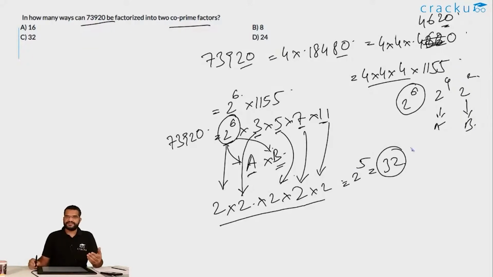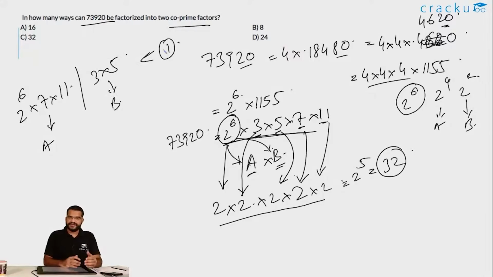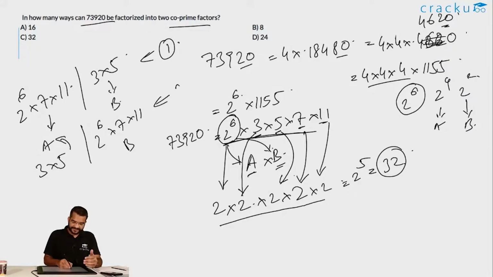But one thing that you should notice is that there is double counting over here, because you are distributing each of these numbers into A or B. For example, if you have distributed 2 to the power 6 into 3 into 5 into 7 into 11 as, say, 2 to the power 6 into 7 into 11 to A, and the remaining 3 into 5 goes to B, you have counted this case once, and you have counted the exact opposite case, where you give 3 into 5 to A and the remaining 2 to the power 6 into 7 into 11 goes to B, as a separate case.